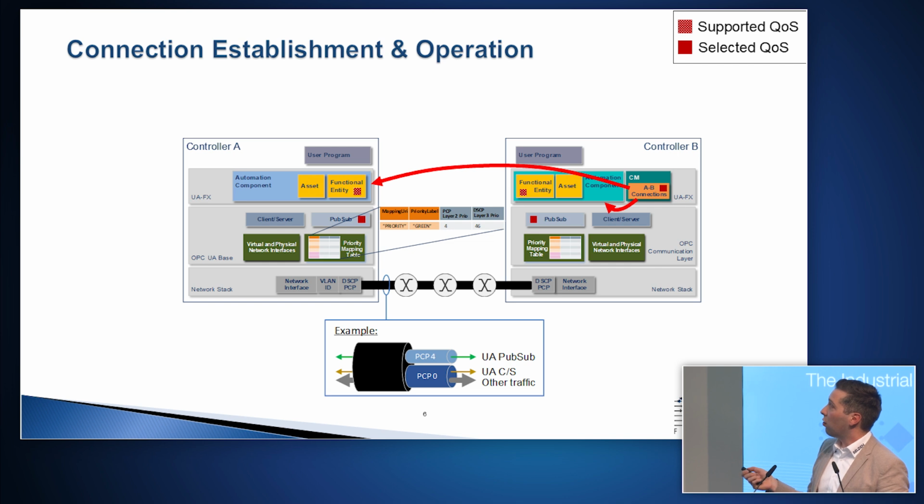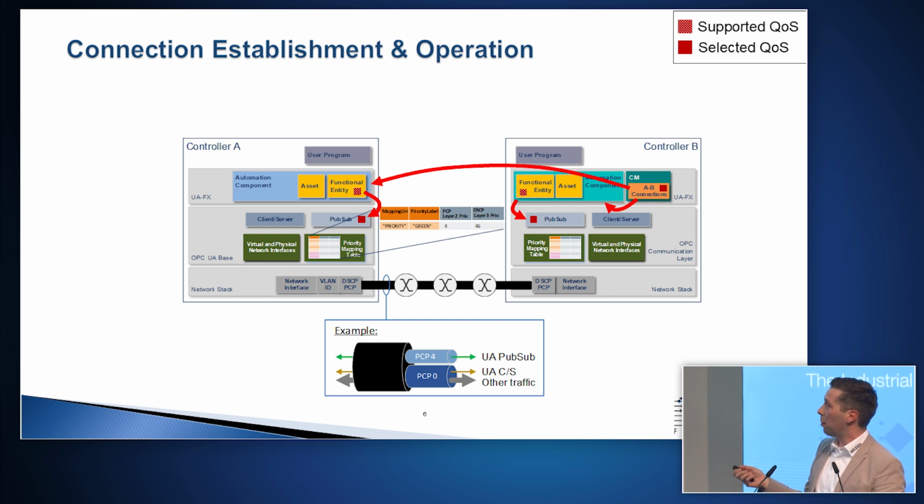The connection manager now connects to all the controllers involved in the communication and then creates the actual pub/sub configuration. So that is, as Peter said before, we build on top of what is existing. We are not defining something new for the transport. We just define a way how to configure what is already existing, from how an engineer normally operates with a PLC.